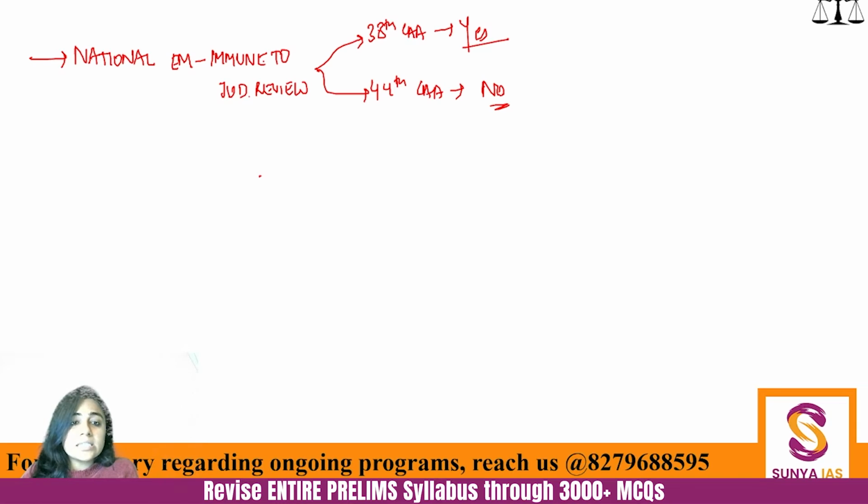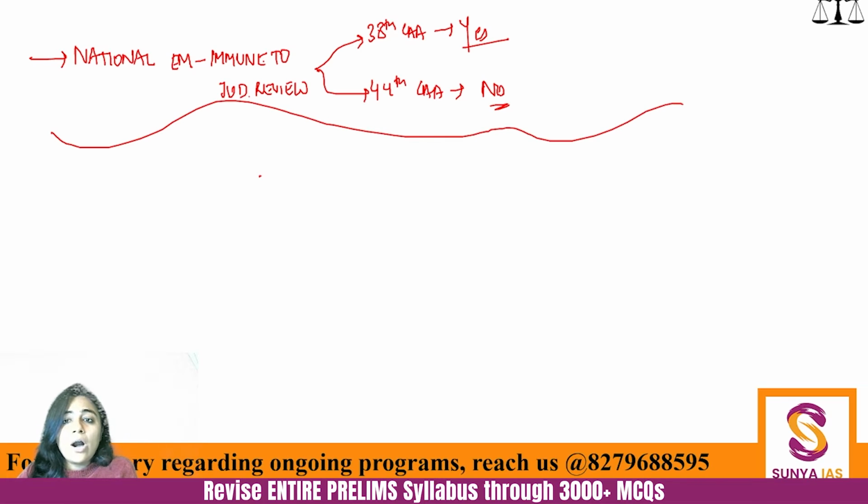Now please see how an emergency will actually be proclaimed. It is very clear who will proclaim the emergency: it will be the president. But does that mean the president can do it by herself? No. It can happen only on the written recommendation of the cabinet.